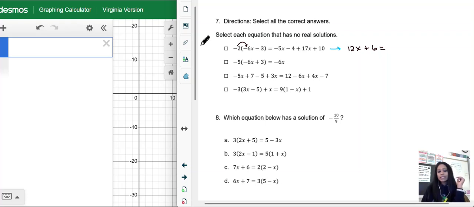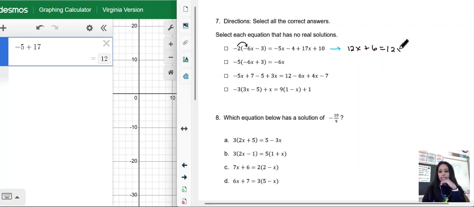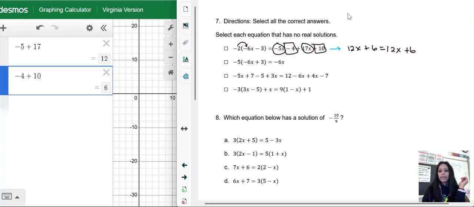Negative 5 plus 17 is positive 12x. So I'm combining these two together. And then I'll go ahead and combine negative 4 and positive 10. So these two are like terms. Negative 4 plus 10 is positive 6.